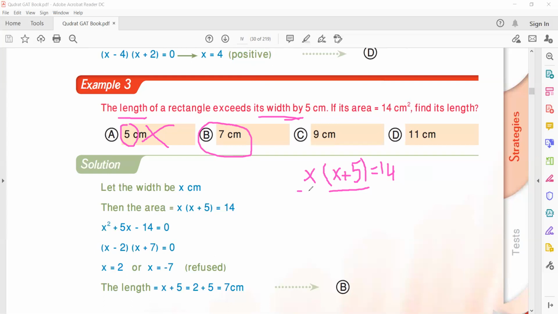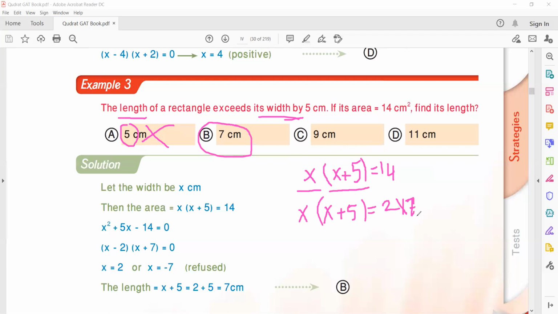Here I have two numbers, x and x plus 5. You can find two numbers that multiply to give the result 14, but between the two numbers, it is 5. So this 14 is 2 multiplied by 7.